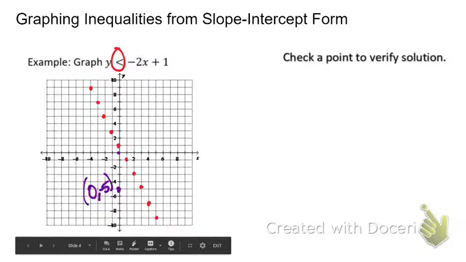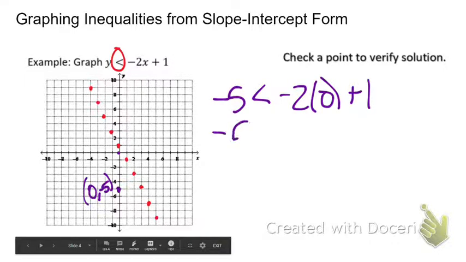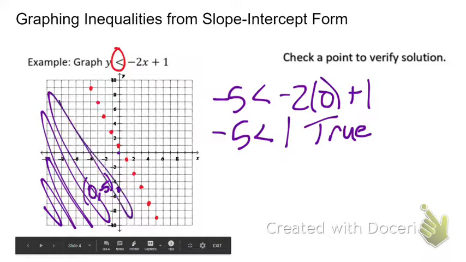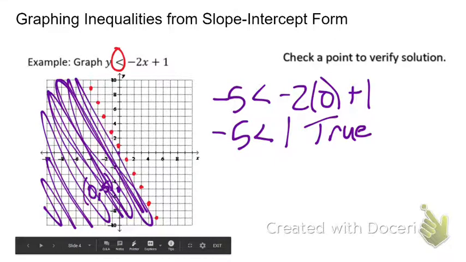Then I'm going to replace y with -5 and x with 0, and I'm going to see if that's true. So is negative 5 less than 1? Yes, that is true. And so the points that make this inequality true are all ordered pairs below the line of negative 2x plus 1. And so those would be the solution set, which is why we're shading it.